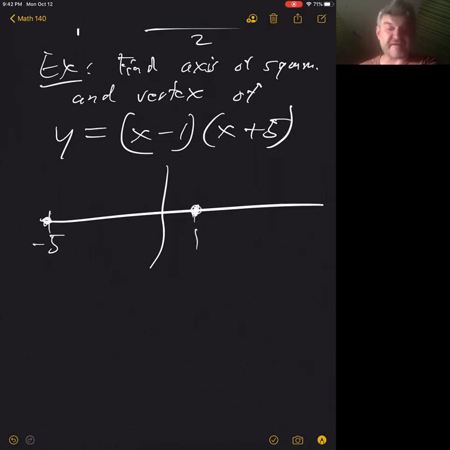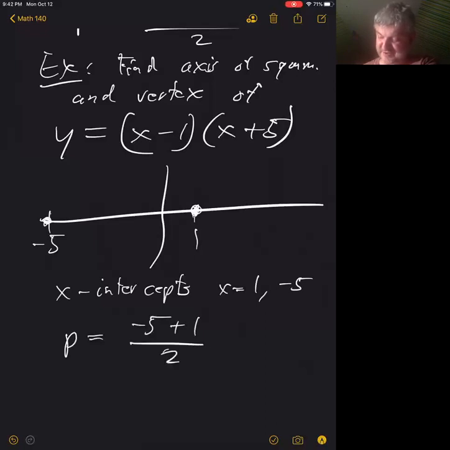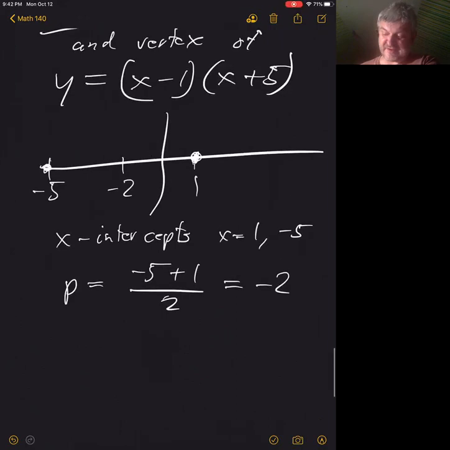That's your x-intercepts. And right in the middle, that number p is (-5 plus 1) divided by 2, which is -2. It's a distance of 3 units away from both. And so that's going to be also the axis of symmetry.